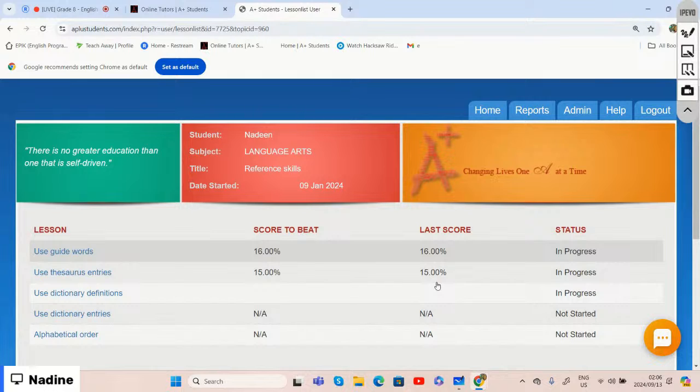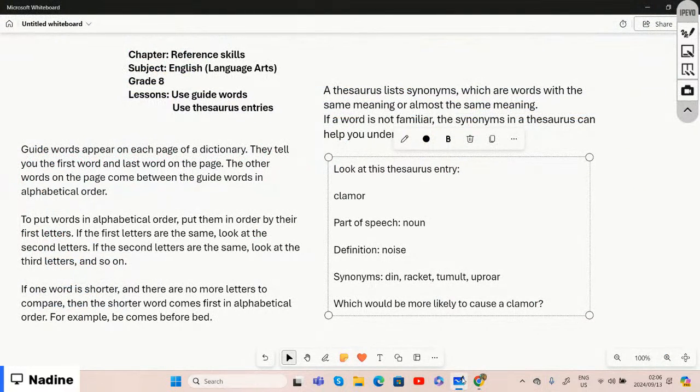All right, so before we even start with reference skills, our chapter that we are doing today is reference skills. Our subject is English Language Arts. We're doing grade 8.